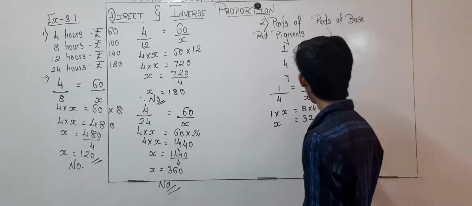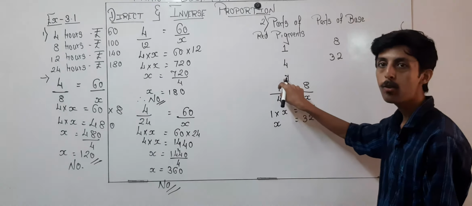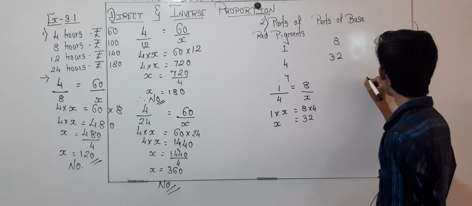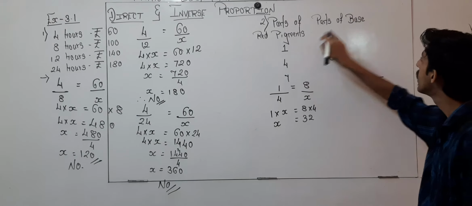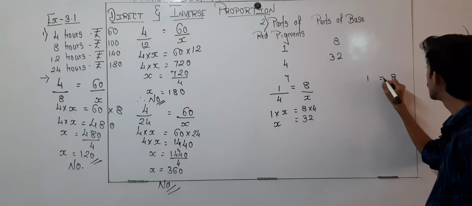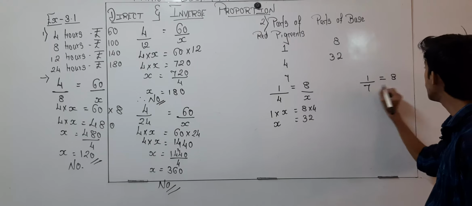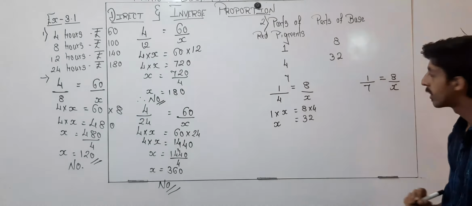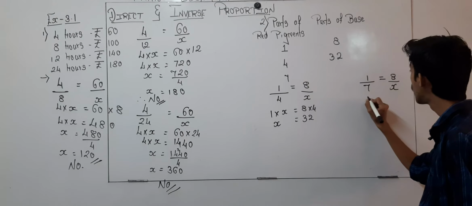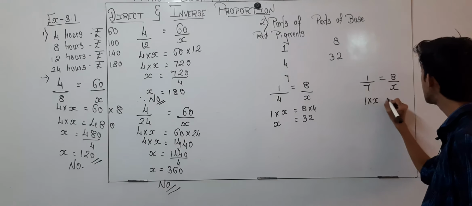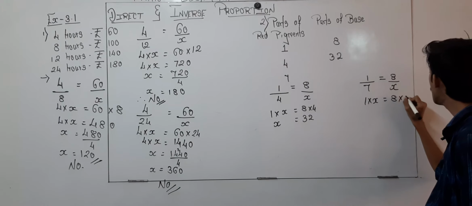Now again for 7 parts of red pigment, for one part of red pigment it is 8 parts of base. So for 7, how much will it be? That is my x. With the same concept, 1 upon 7, so 1 into x is equal to 8 into 7.